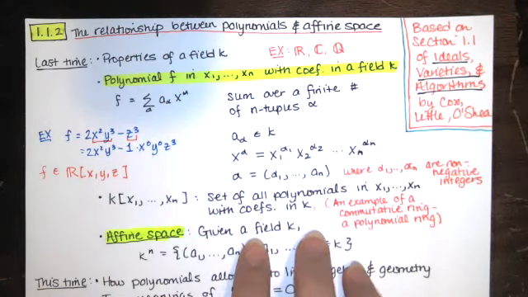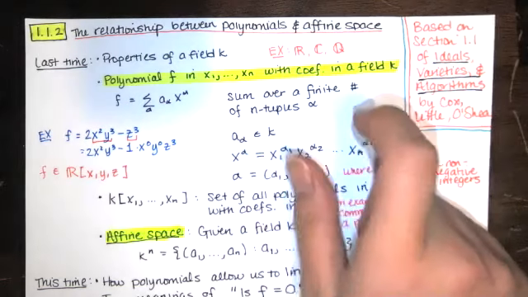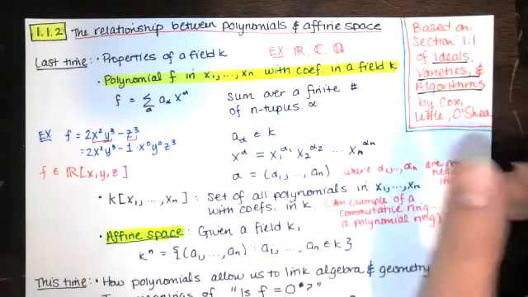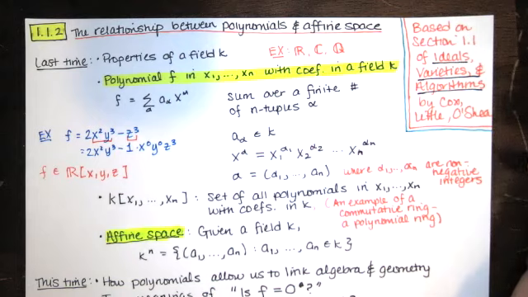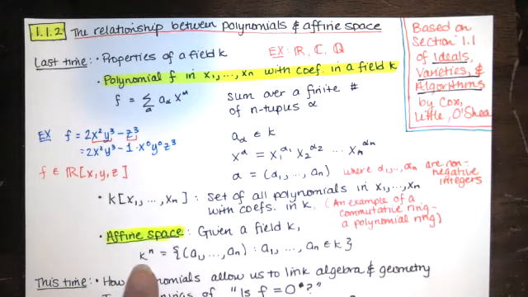If you have some field K, which might be the set of real numbers or the set of complex numbers or the set of rational numbers, for example, we're going to denote n-dimensional affine space by k to the n.